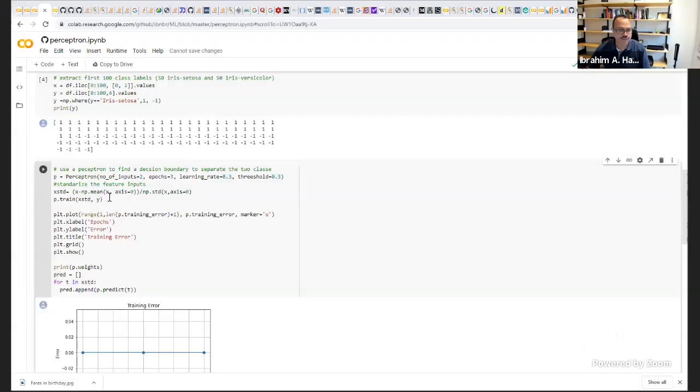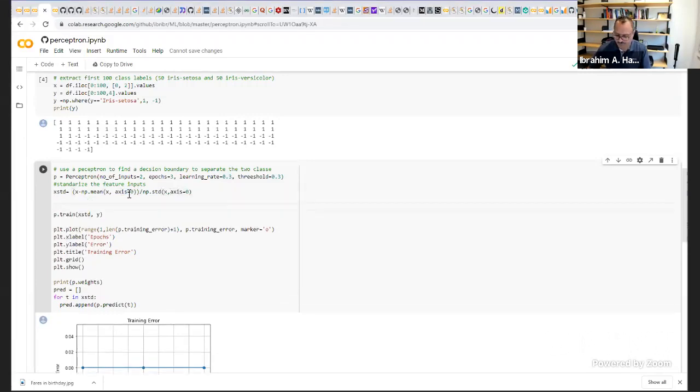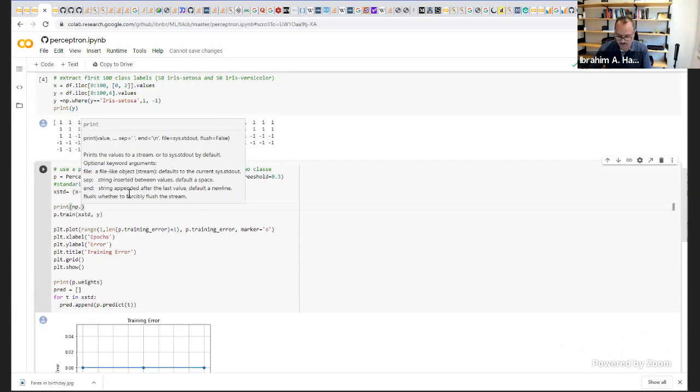I can show it to you. I can just share my screen with you. Do you see my screen now? For example, print np dot mean of x.